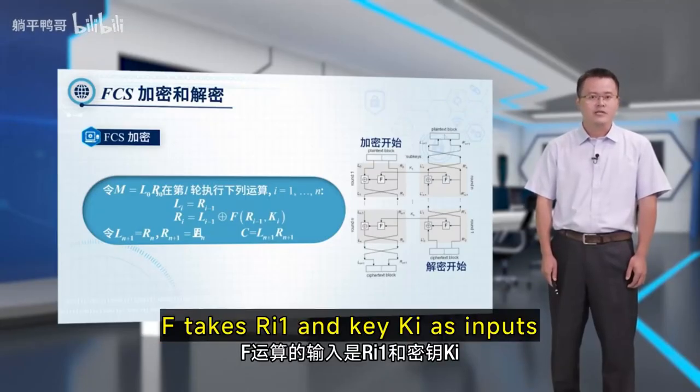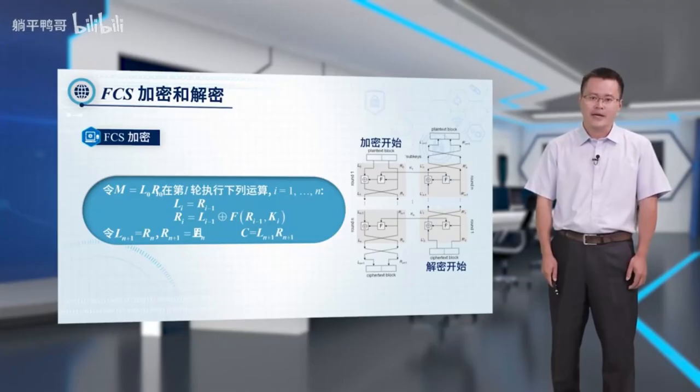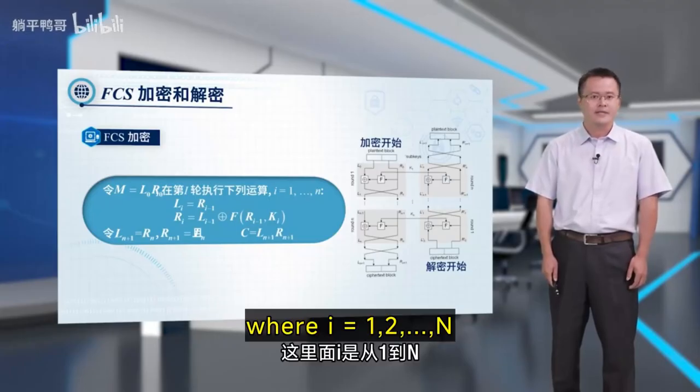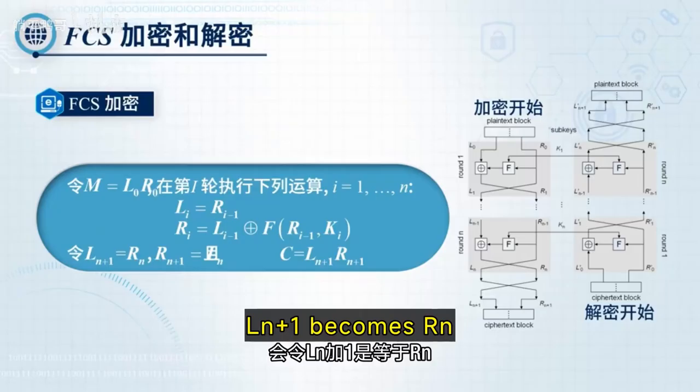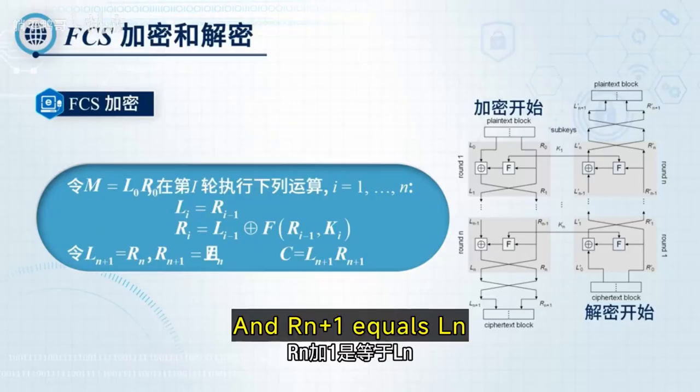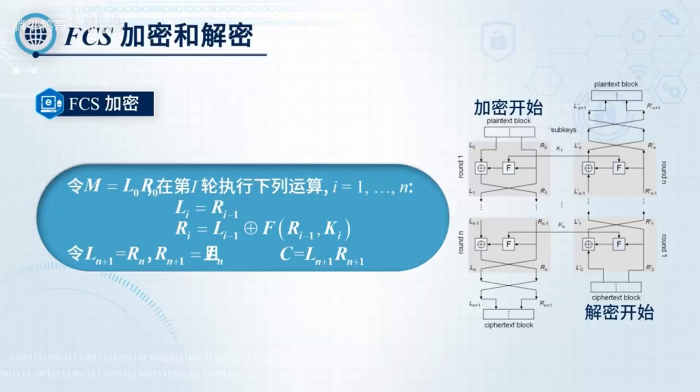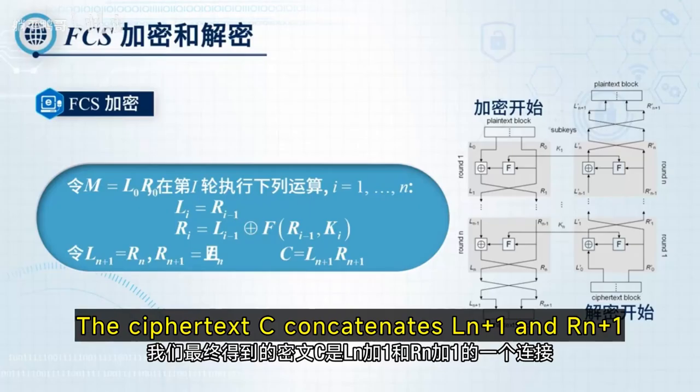F takes R_{i-1} and the key K_i as inputs, where i equals 1, 2, ..., n. It runs n rounds. In the final round, L_{n+1} becomes R_n, and R_{n+1} equals L_n. The ciphertext C concatenates L_{n+1} and R_{n+1}.